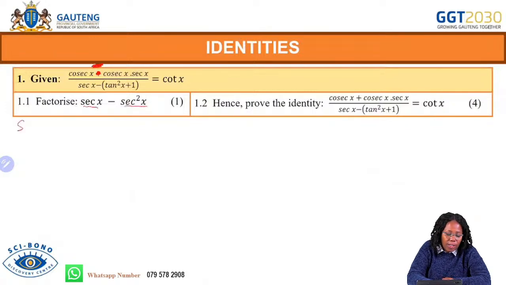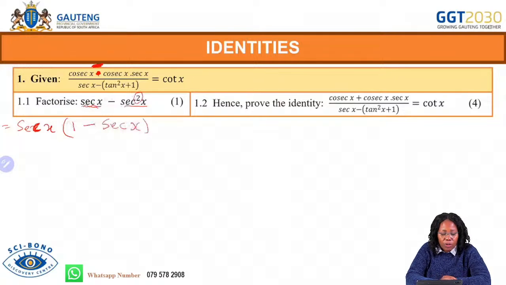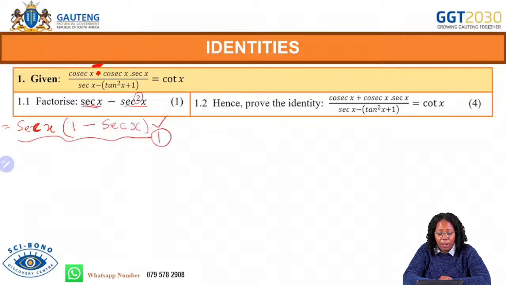We are going to take sec x out as a common factor. The minute you remove this one, you'll be left with 1 minus, remember here you have 2 of them, and if you take 1 as being common, you'll be left with another sec x there. So that is the factorization of that, hence it is only 1 mark.